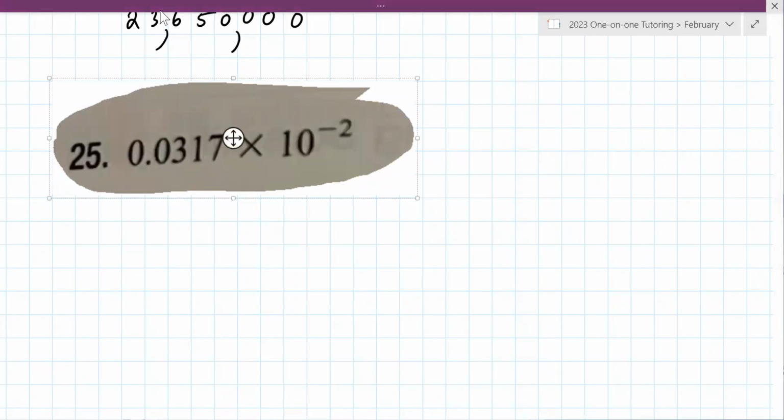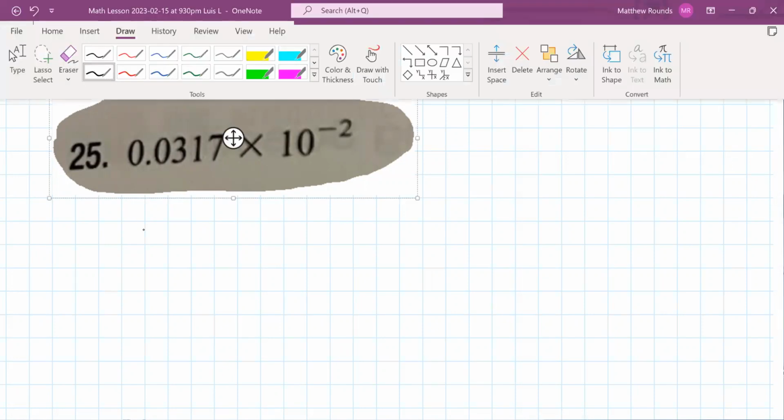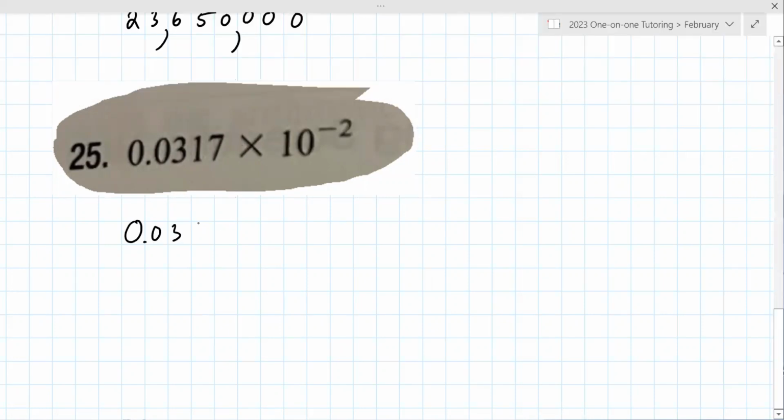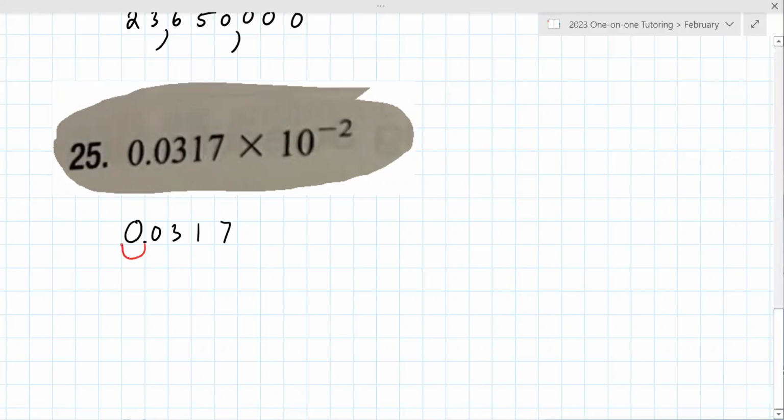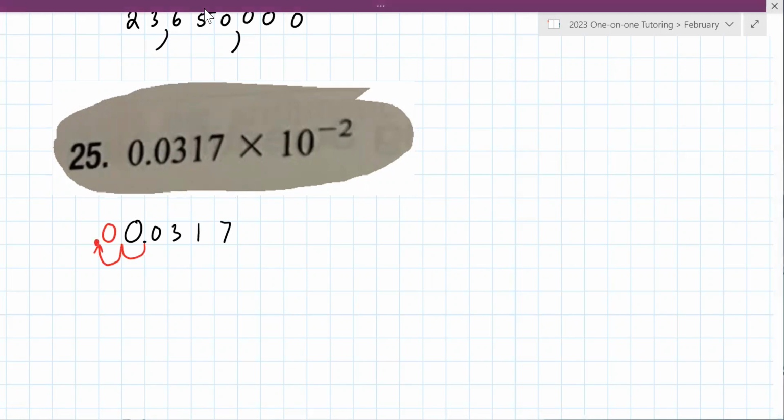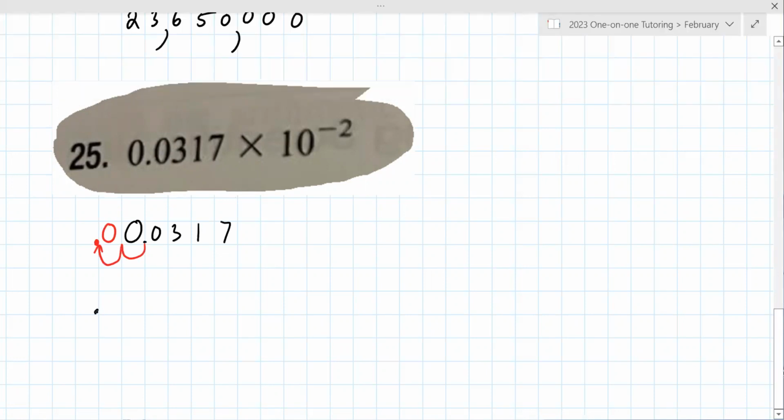It's awkward, but you rewrite the number, 0.0317. I would even use different colored pencils, but that's 1, and that's 2, that's where the new decimal goes. Then you fill it in with a 0. So it's 0.000317, like that. And then you probably should put a 0 in front.